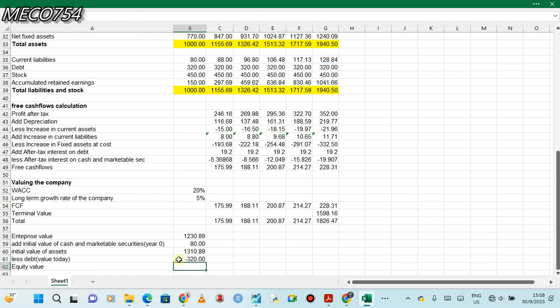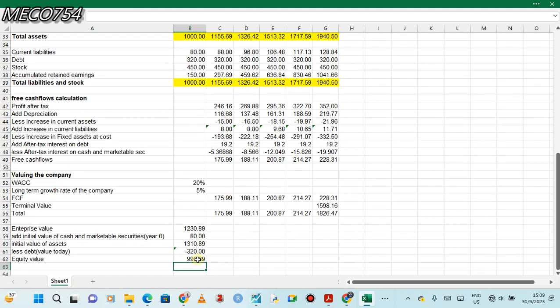Good. Negative 320. It's this, subtract that. What do we get? 1310.89 plus negative 320 gives 990.89, which is 991. So this is the value of our equity in this company.